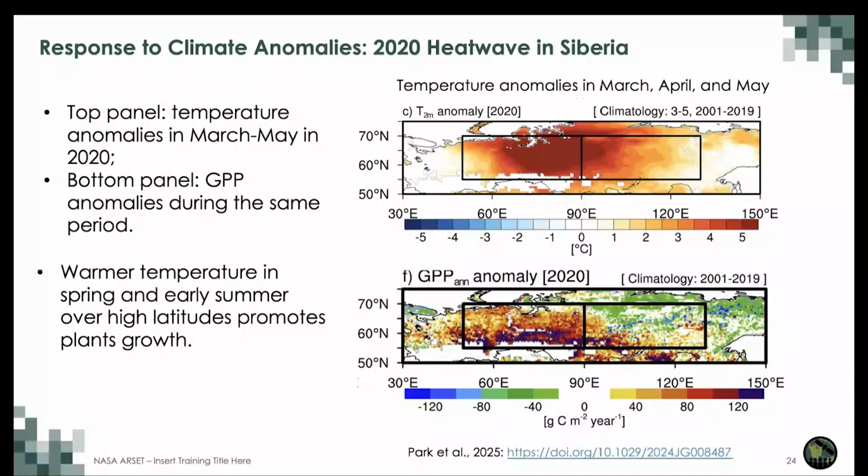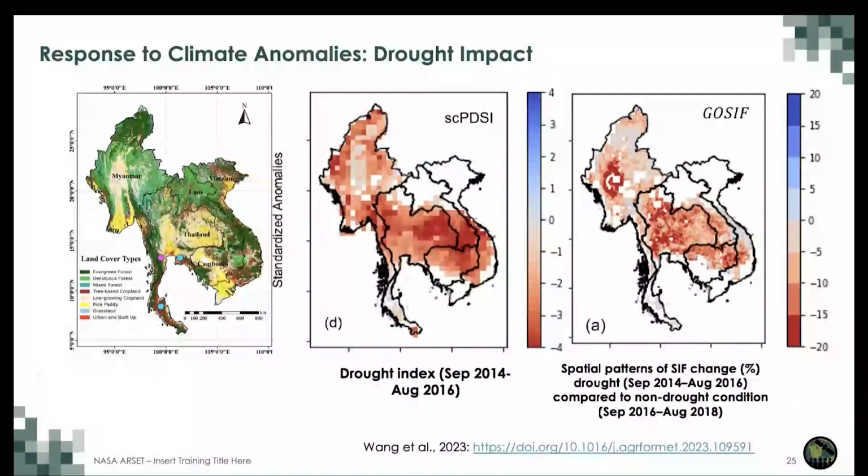This is because over the high latitude, where it's normally very cold, plant growth is limited by temperature. So when the temperature is warmer, the plants actually grow better. So this example tells us that we can use SIF products and also the GPP products to understand the climate anomalies' effect on plant growth.